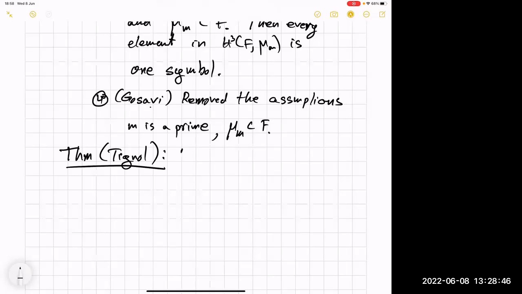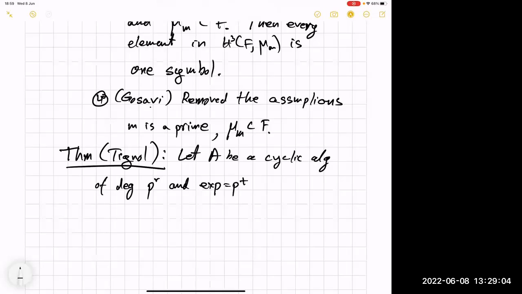Let A be a cyclic algebra of degree p^r and exponent p^t, and assume μ_{p^t} is in our base field.